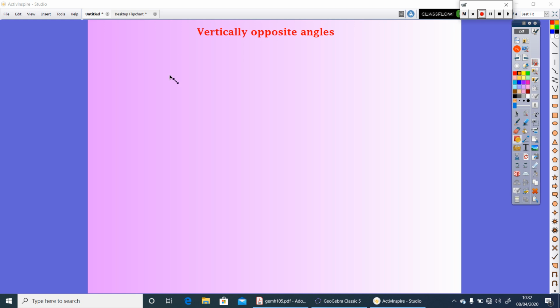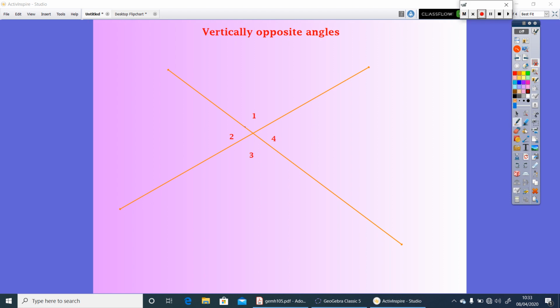Now, let me draw two lines. These two lines we can call intersecting lines. That means they have a common point here. Now, when two lines are intersecting, you will get four angles. Look at angle 1 and angle 3.